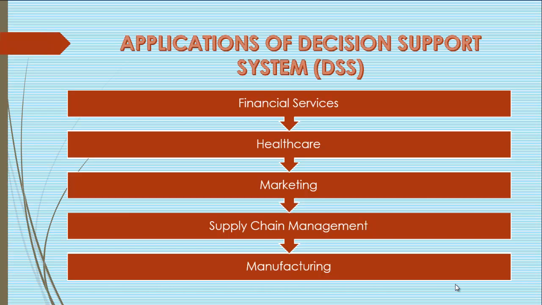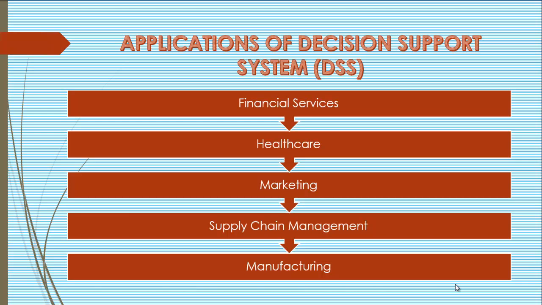What are the ways that it can be applied? Number one of such ways in which DSS can be applied is in financial services. The DSS, or the decision support system, can be used to analyze financial data, identify investment opportunities, and optimize portfolio management. Another way it can be utilized is through healthcare. The decision support system can be used to support medical diagnosis, treatment planning, and resource allocation.